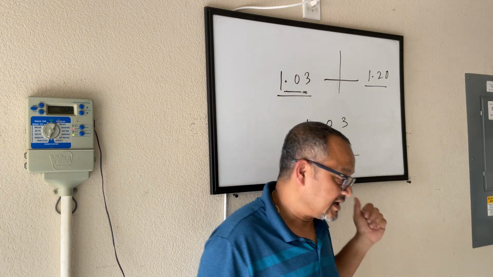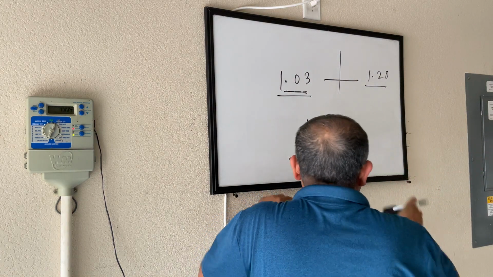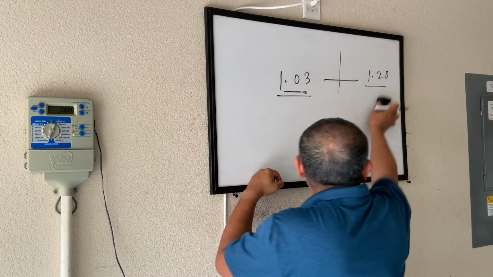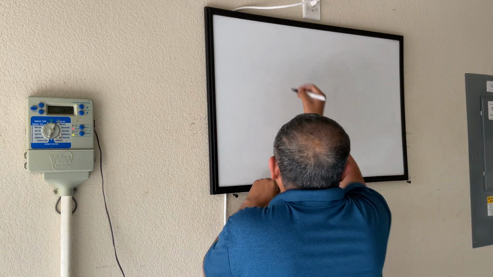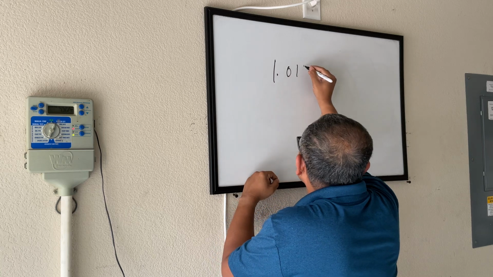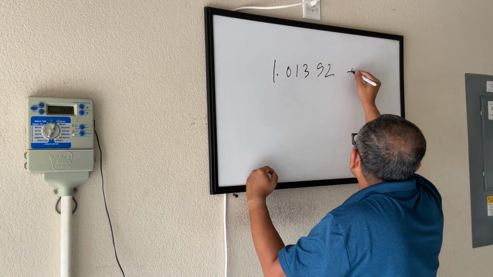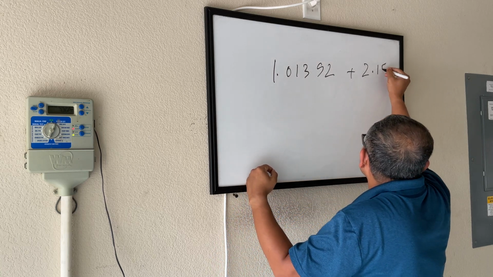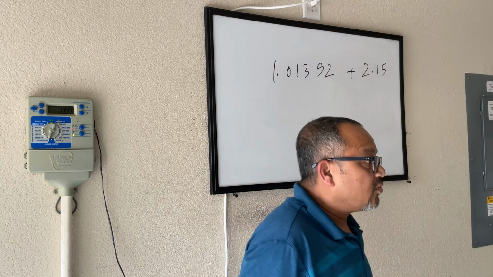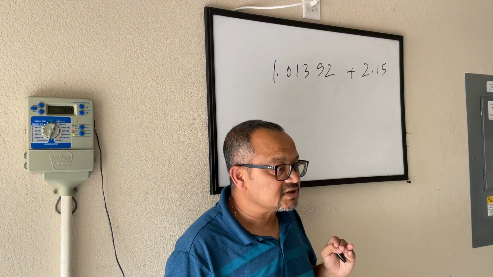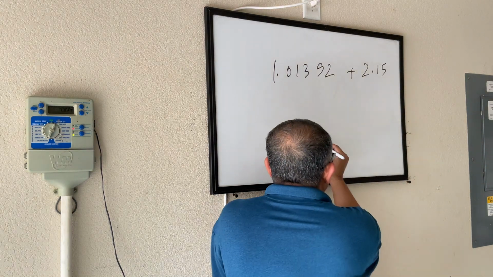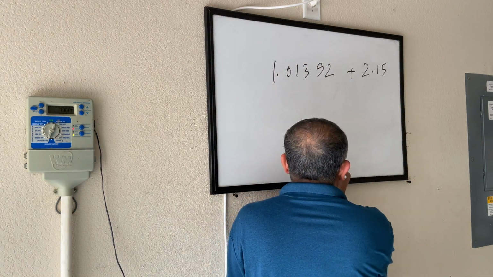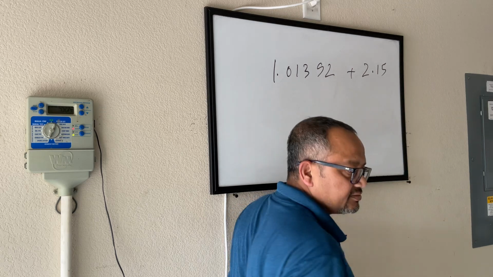Is it making sense? Now, why am I saying so? This process will help you make sure that any decimal addition or subtraction... if you have to add this, what happens is sometimes 1.2 and 1.20 are the same.